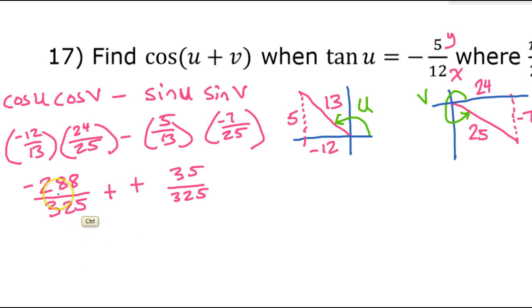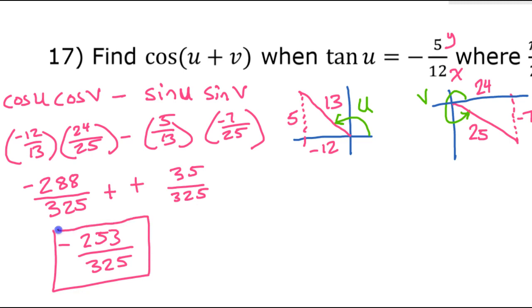They already have like denominators, so this is negative 253 over 325. So that should be the final answer for number 17.